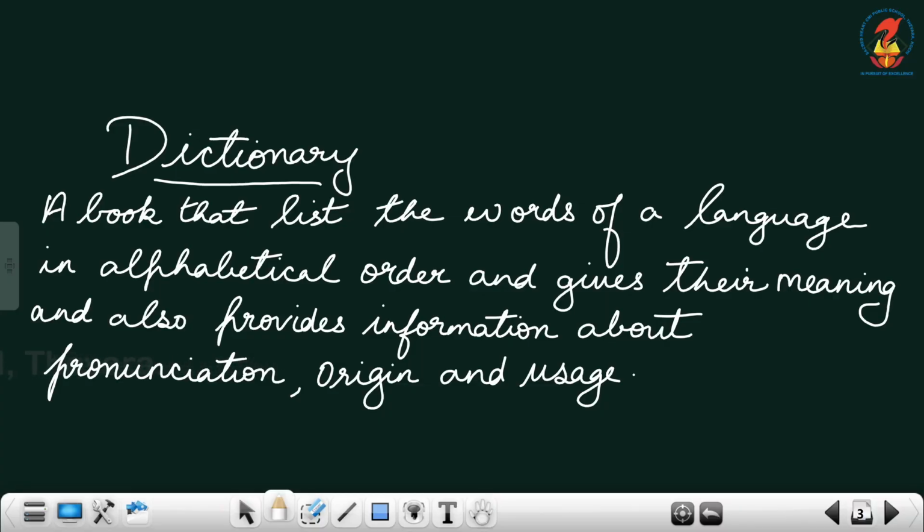And we have mentioned here dictionary, the meaning of the word, the book that lists the words of a language in alphabetical order and gives their meanings and also provides information about the pronunciation, the origin and the usage of the word.